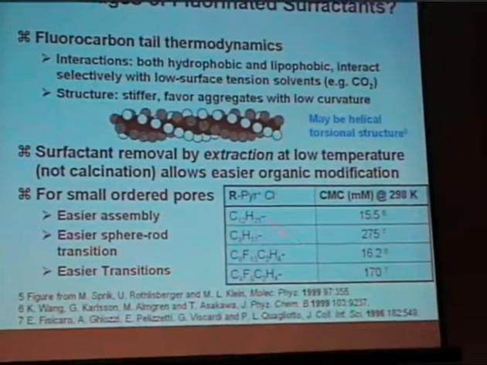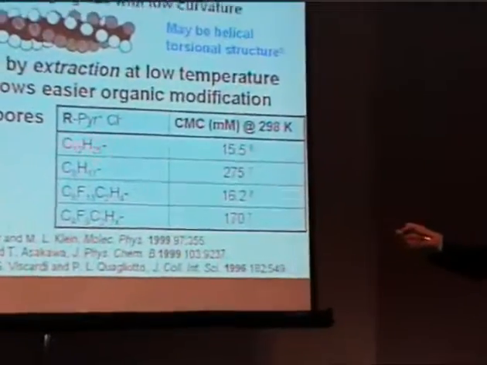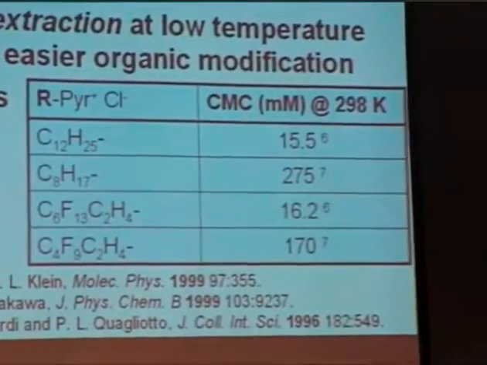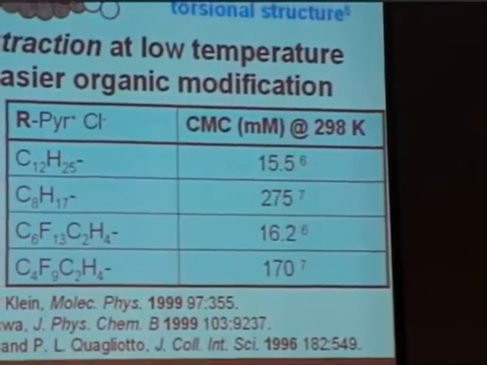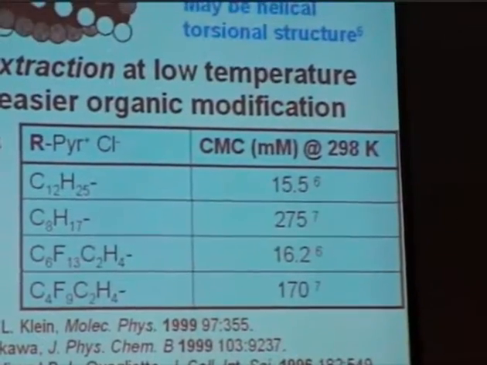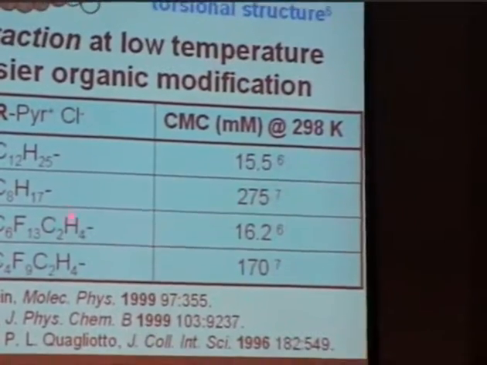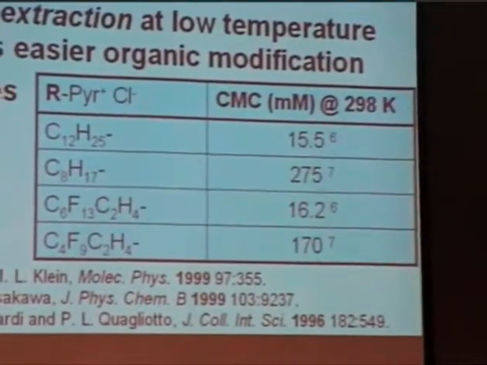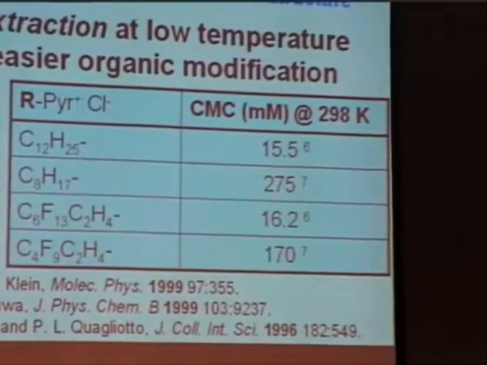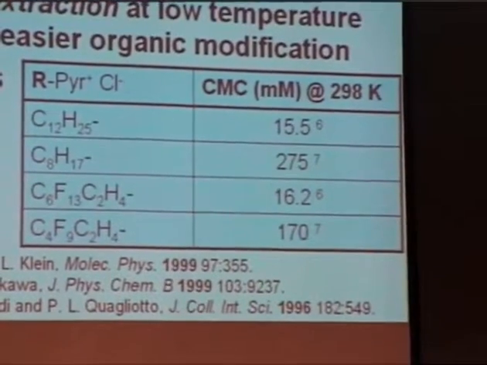So, for example, if we have 12 carbons in a chain and a pyridinium head group, which is the one I'm talking about, and it's a hydrocarbon, its critical micelle concentration is 15.5 millimolar at room temperature. If, on the other hand, we go down to an 8-carbon chain, the CMC goes up to 275 millimolar.